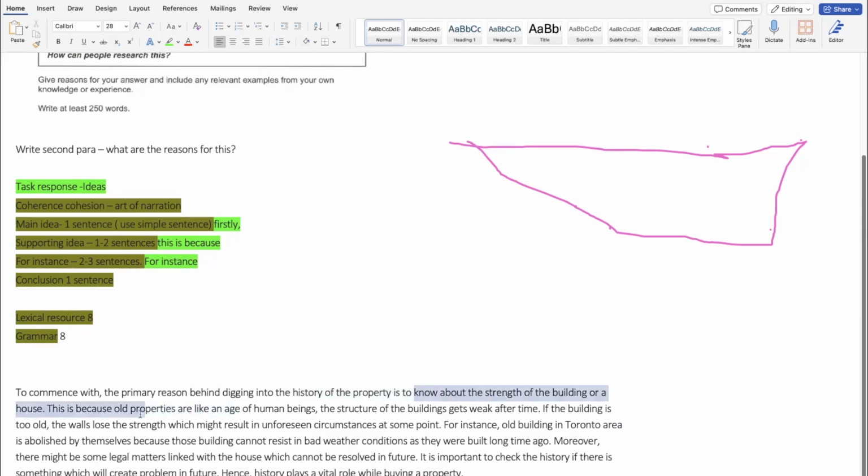Excellent idea. Strength of the building. What kind of materials were used? Old building is abolished by themselves means something is wrong here.